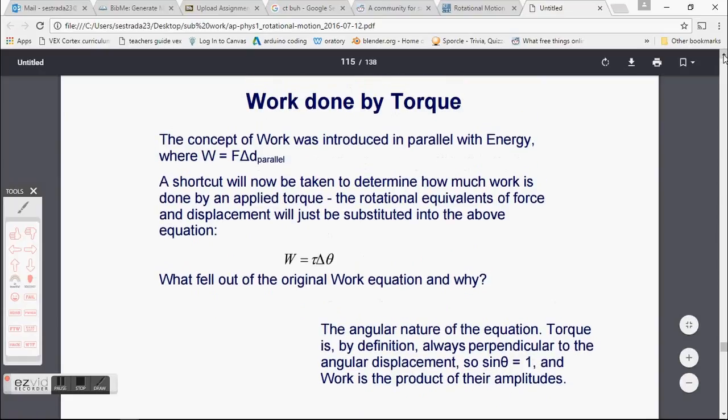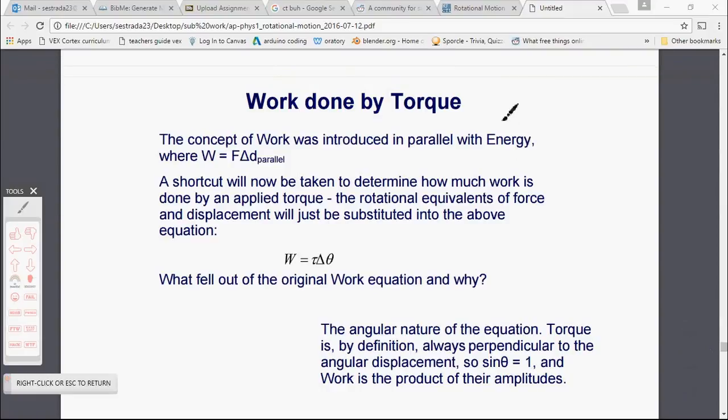Another thing that we covered when we did energy was work. The equation for work was work equals force times distance, or more appropriately, force times your change in x. And we see the same concept right here in the middle, where we have work equals, but instead of force, every time we're using force, we're using torque now.